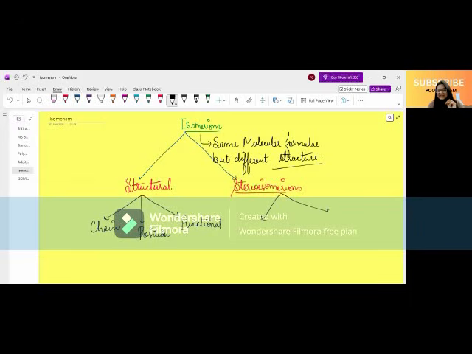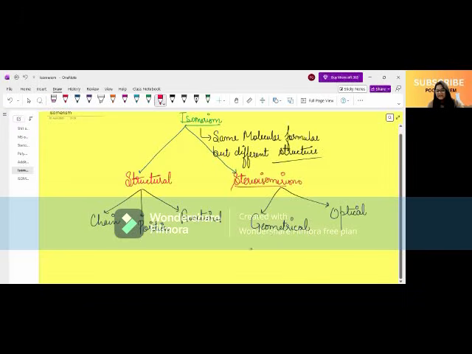Stereoisomerism is divided into two parts: geometrical isomerism and optical isomerism. We'll discuss this. Geometrical is further divided into two parts: cis-trans and E/Z format. So this is a broader classification of isomers, right?